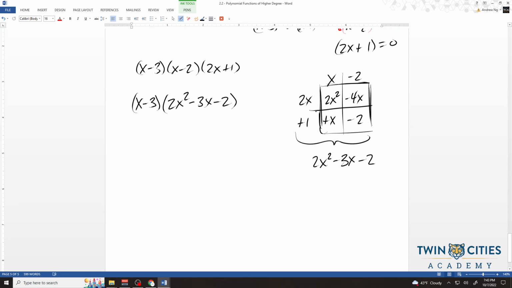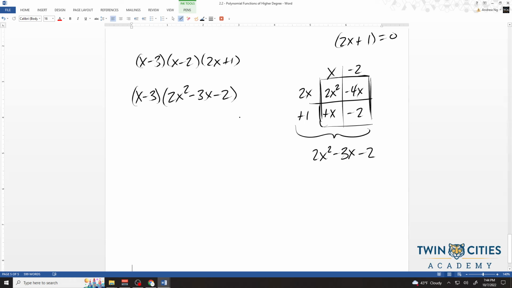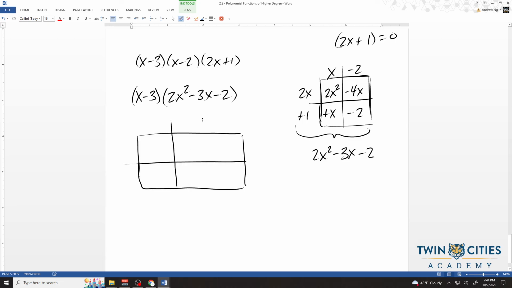Okay, and then I can do another box to multiply these together. Okay, this time it's going to be a 2 by 3 because I've got x minus 3 as a binomial, and then 2x squared minus 3x minus 2. This is a trinomial. All right, so now let's multiply. We've got x times 2x squared.